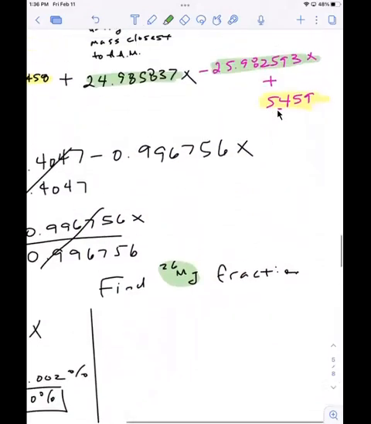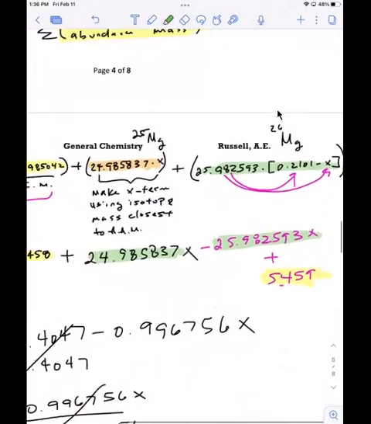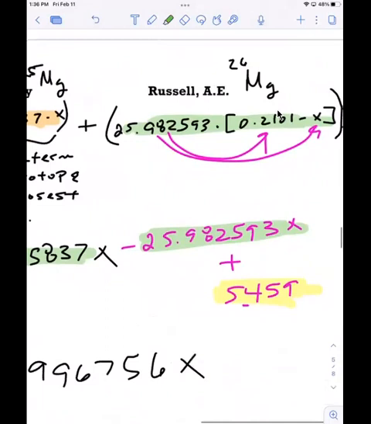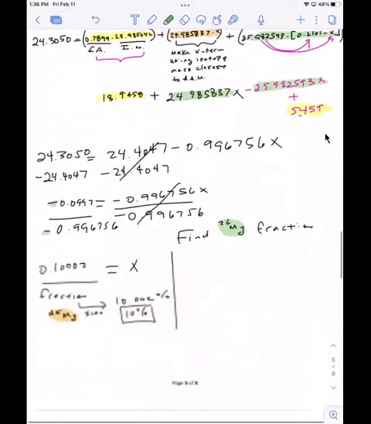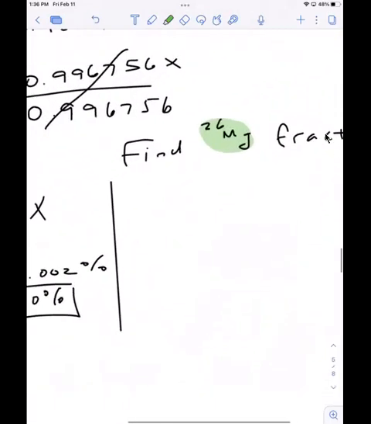Right, let's go back up here. What was the term for that fraction? You see it, 0.2101 minus x. So once we find x, we're going to go back and plug it right into that.